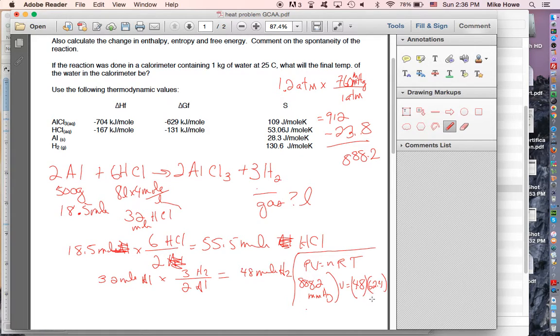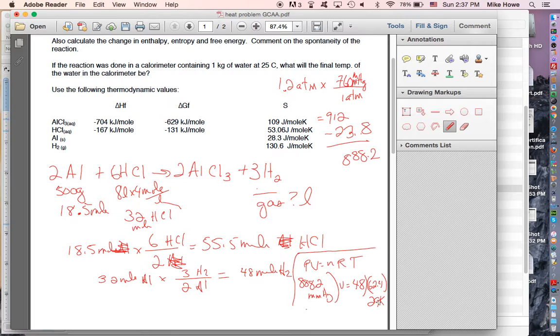And then the temperature is 25, we said. So that's 298 K. All right, so now we're going to say 48 times 62.4 times 298 equals, and then we're going to divide that number by 888.2.